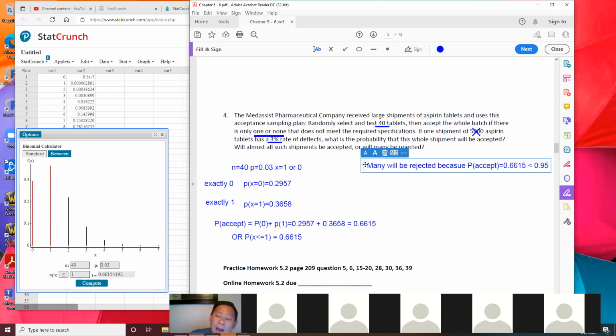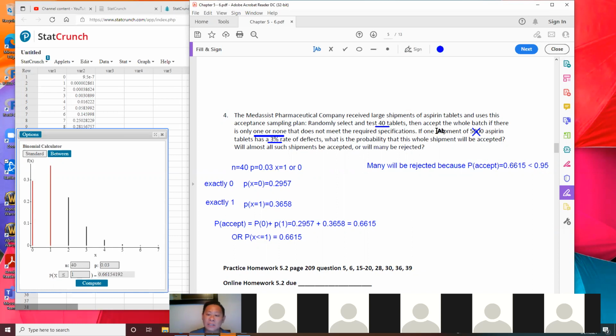So if you want most of the shipment to be accepted, your accepted region will be more than 95%, the opposite of 5%. So for you to answer that most of the shipment is accepted, this probability has to be more than 95%. Unfortunately, this is only 66%, which is a really low acceptance rate.